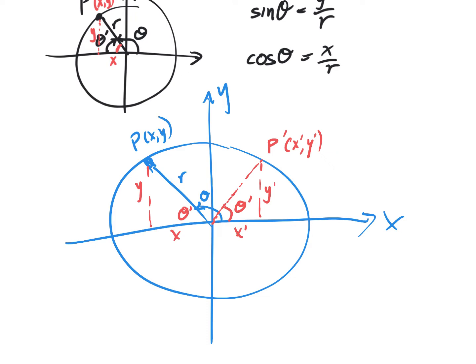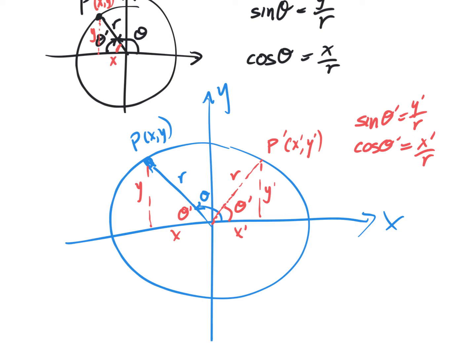In this case, we have that sine of theta prime is y prime over r, because this is also a length of r, it's the same circle. And cosine of theta prime is x prime over r. Now notice that these two points, P and P prime, line up in terms of their y values.